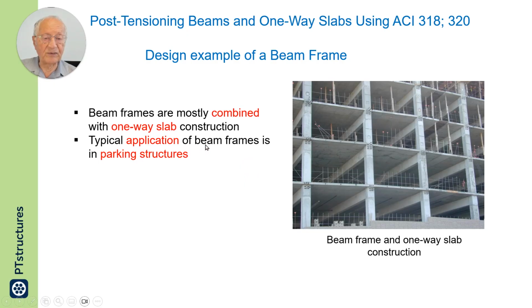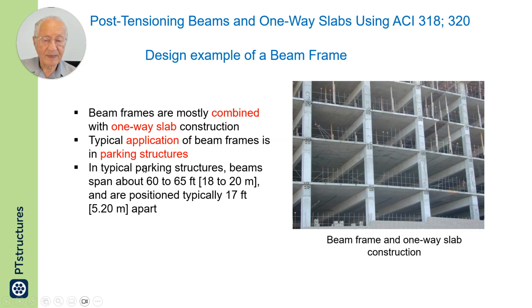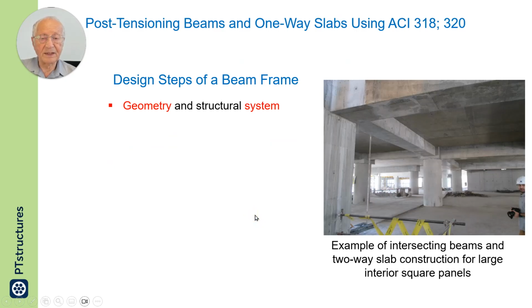Typical application of beam frames is in parking structures. In typical parking structures, beams span about 60 to 65 feet. These are the way parking structures in the US are mostly configured, and they are positioned about 17 feet apart. Between them there is one-way slab.